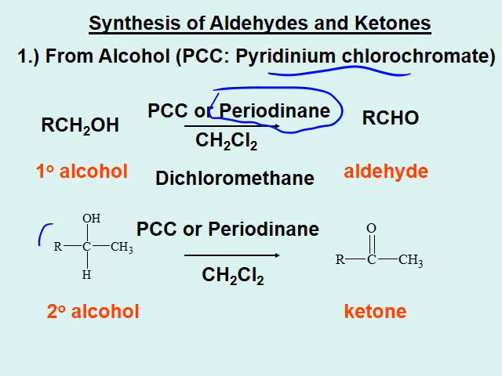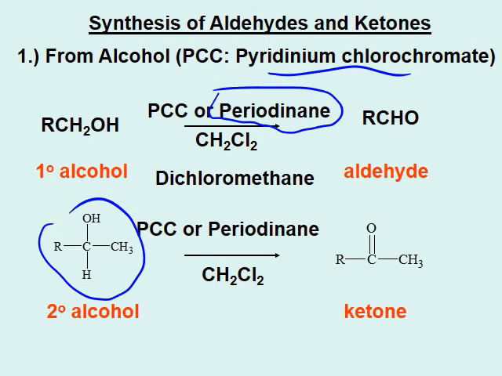Now, if I have a 2 degree alcohol, of course it cannot go much farther, but anyway, I can use PCC or pyridinane, or even more stronger oxidizing agent like chromic oxide, which we discussed before.